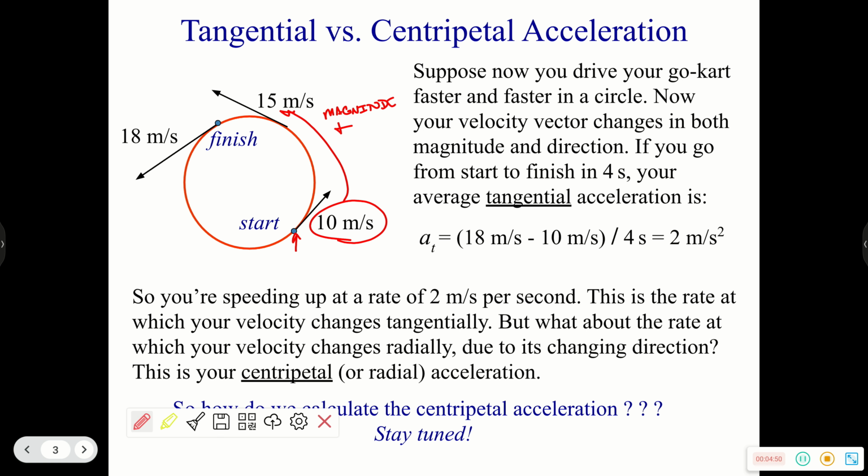And what do we notice? It goes from 10 to 15, and then from 15 to 18, where it finally finishes. Okay, so again, you have a jump in magnitude. So not only is the magnitude of the velocity changing and going up, but so is the direction.